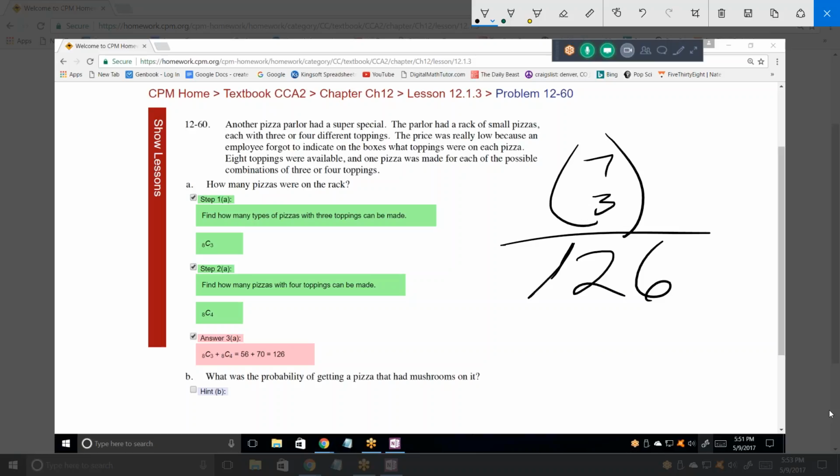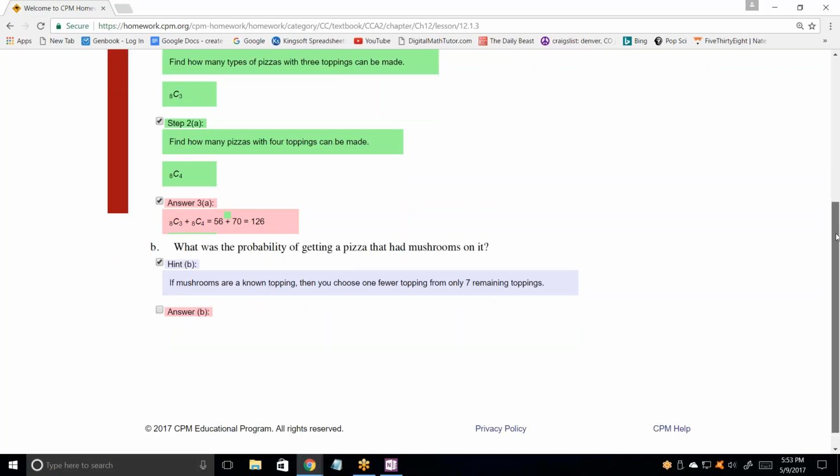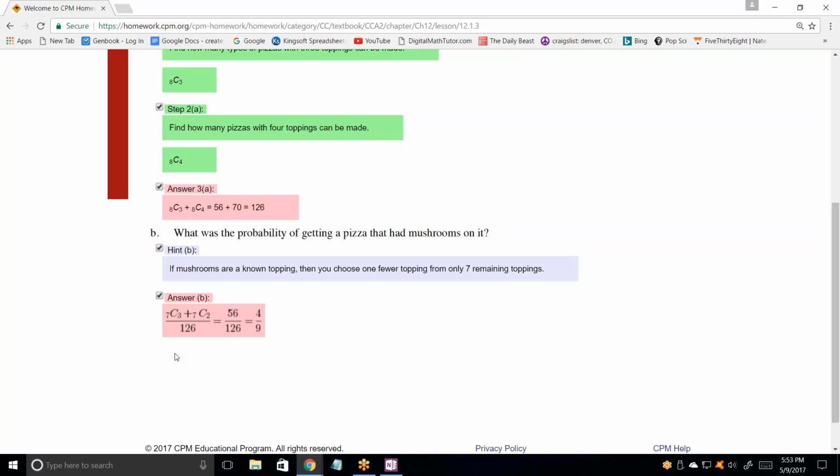Okay. Keep making the same mistake. If mushrooms are a known topping, then you can choose one fewer topping from only 7 remaining toppings. You see their answer? Yeah. Not quite what you said, but you were close.